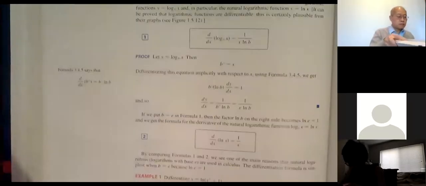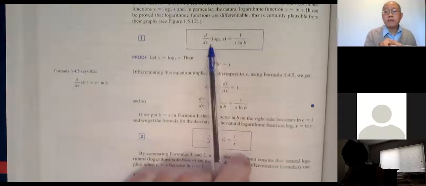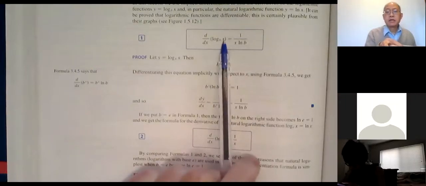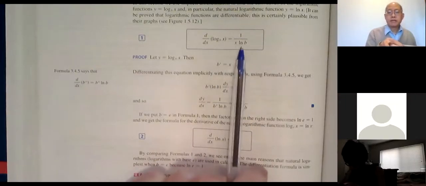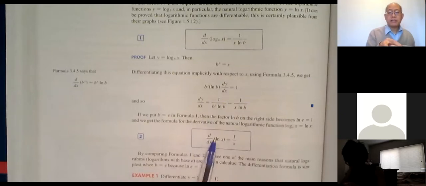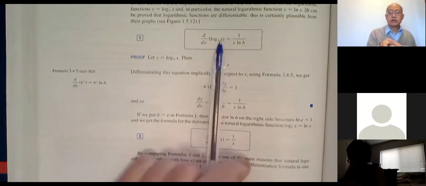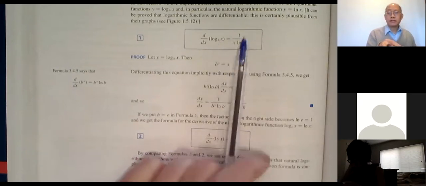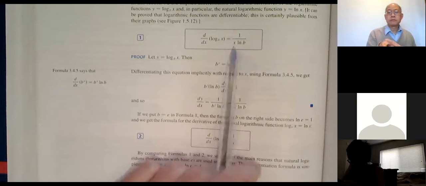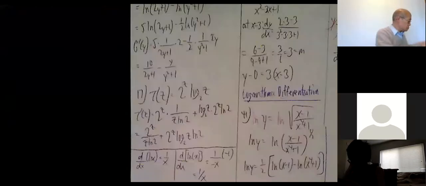Page 218: the derivative of log base b of x is 1 over x ln b. If you have natural log, base e, it's simple, just 1 over x. So it's only when you have a base other than e, like base 2 or 3 or 10 or 20, that you have to play this game here.